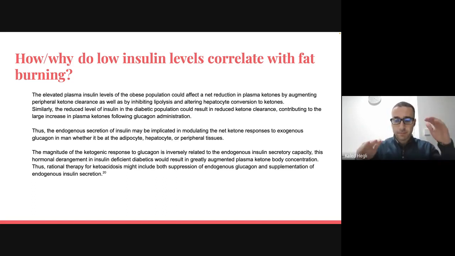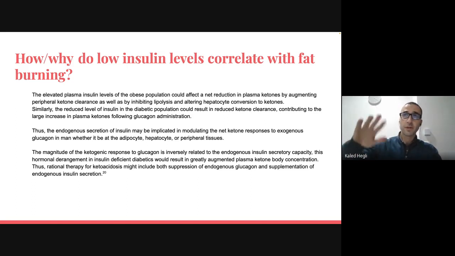So that's an area in which one has to understand the interplay between glucagon and insulin. But the extreme of it, the easy case to understand, is diabetes and ketoacidosis. Because then insulin actually says, no, we don't break down.